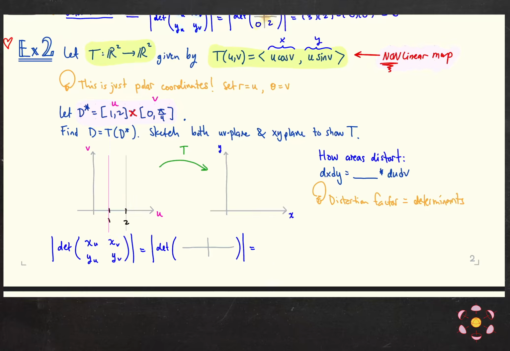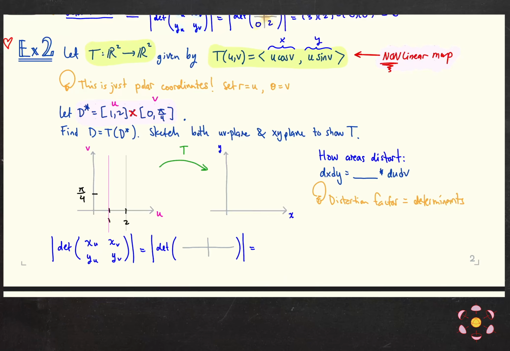What about v's? Well, v's go from 0 to pi over 4. So what is pi over 4? Pi is about 3, divided by 4, so it's a little less than 1, not drawn to scale here. So I will just put it over here.